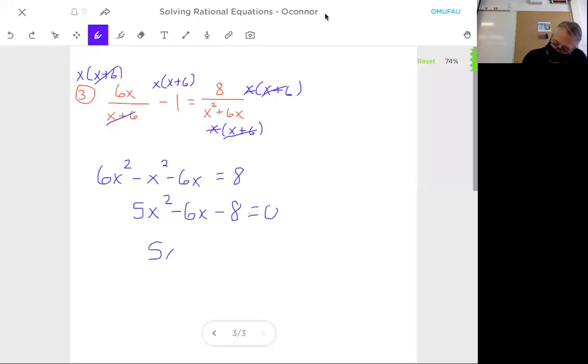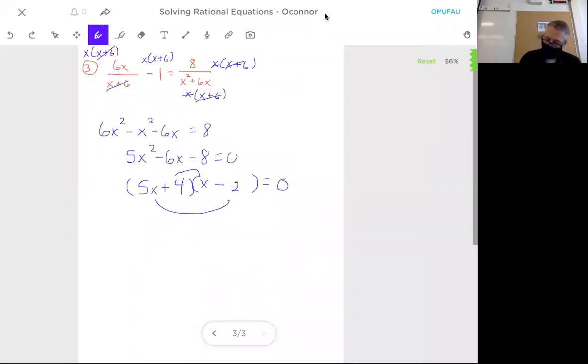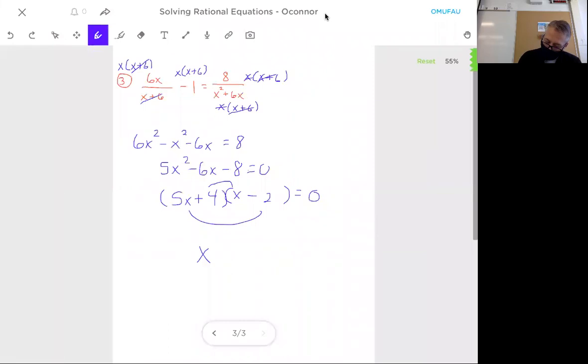And let's see if we can factor that one quickly. So if I tried 4 and 2, that's going to give me negative 10x and positive 4x, and that looks like that's going to work out. And so my solutions are x equals negative 4/5 from here, and x equals positive 2 from here.